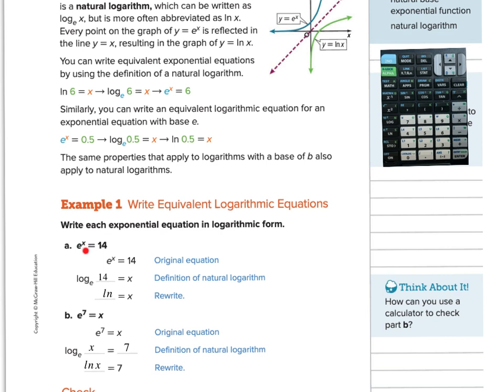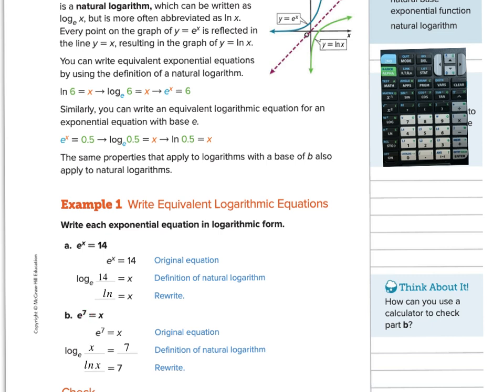So here, e raised to the x power equal to 14 is the same as log base e of 14 equals x. That's how we reorder that, and of course log base e is nothing more than the natural log.